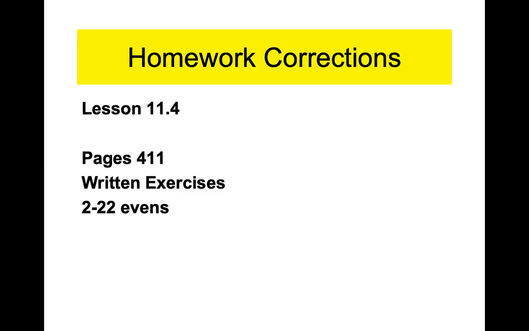All right, what did I leave off on? 8 is 3 to 1. 10 is 7 to 3. 12 is 1 to 1. 14 is 3 to 1. 16 is 4 to 1. 18 is 17 to 1. 20 is also 17 to 1.